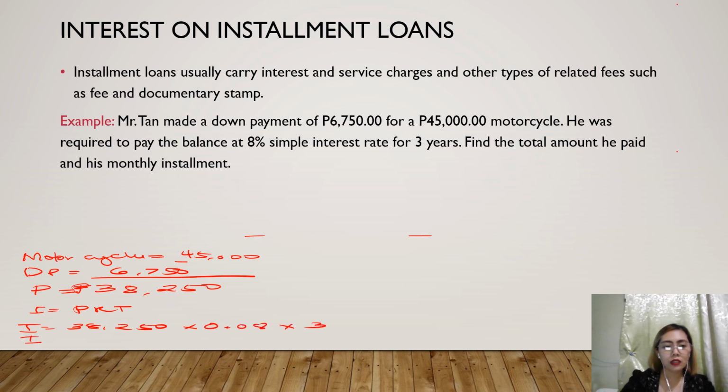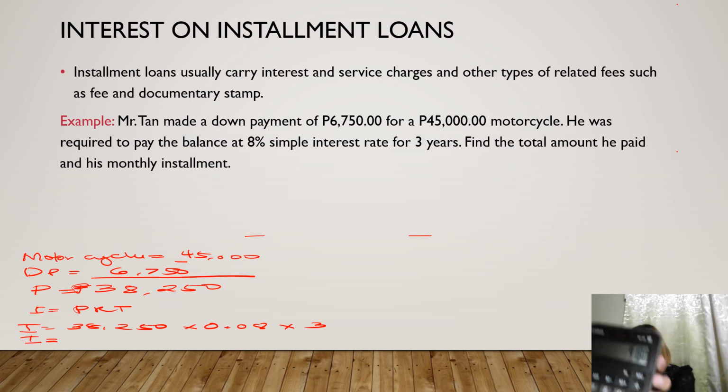So, ang ating interest ay 9,180 pesos. Kita po ba? So, yan ngayon yung magiging additional payment natin. Dadagdag natin yan. 9,180 pesos. Okay?